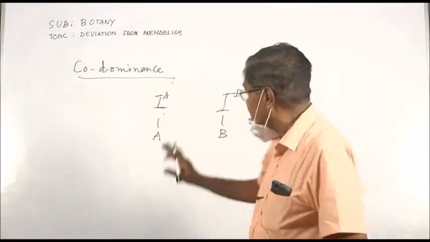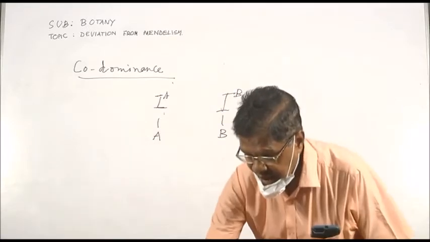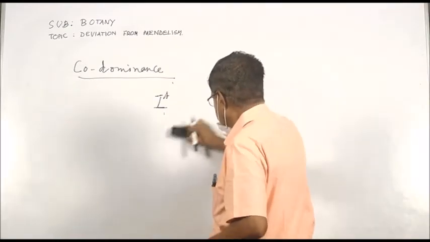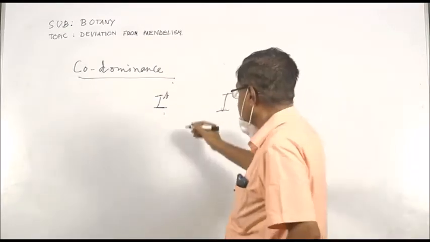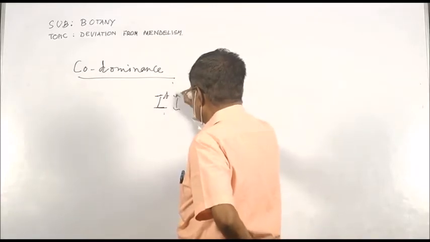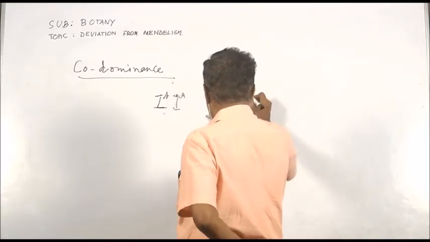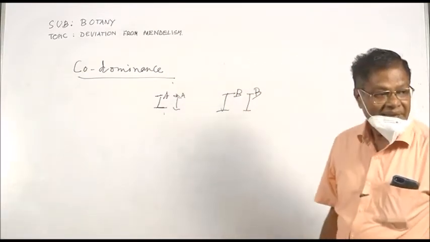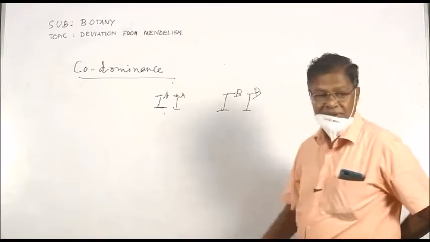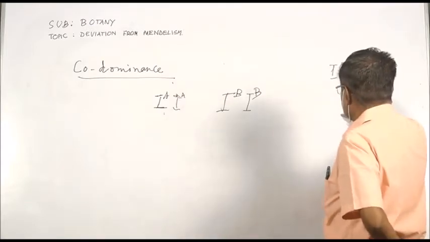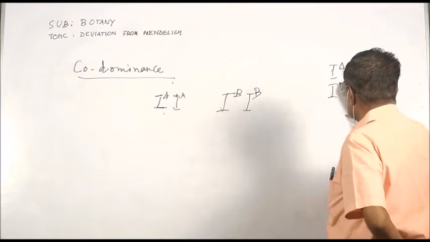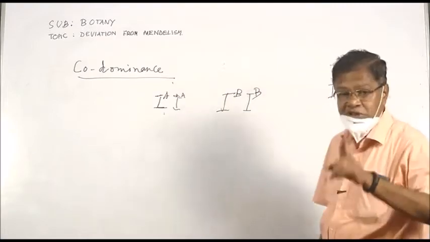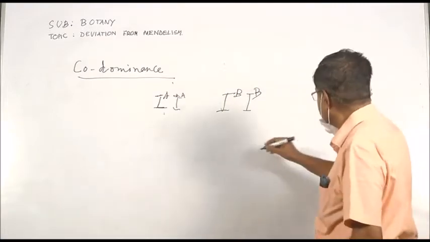Now, in this case, let us see a cross between these two, and as both are dominant genes, IA and IB, this is A and this is B, there must be a recessive gene, and the recessive gene is small i.